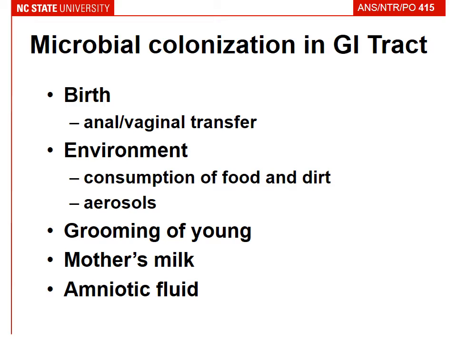When a baby is first born, if they are born naturally going through the birth canal, their microbiome within their GI tract is going to more closely look like the microbes that were found within the birth canal.